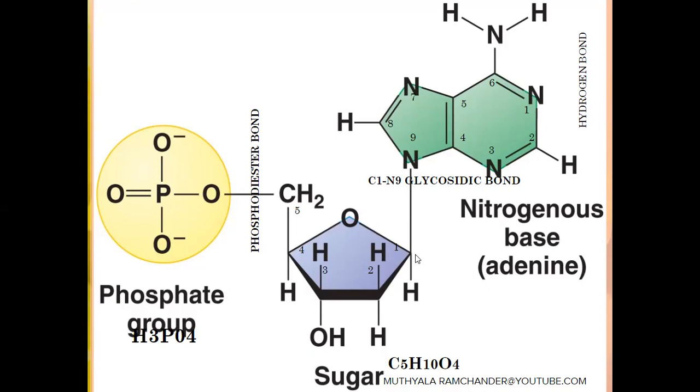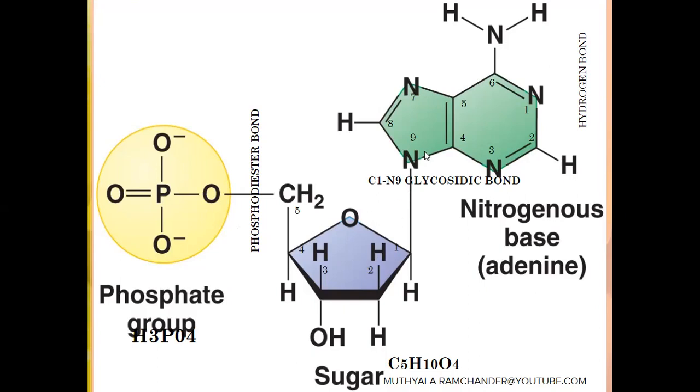Sometimes the sugar molecules are connected with pyrimidines by a C1N1 glycosidic bond, meaning the first carbon of the sugar is connected with the first nitrogen of the pyrimidine. It is the second chemical bond present in the nucleotides. The first chemical bond is the phosphodiester bond, present between phosphoric acids and sugar molecules.